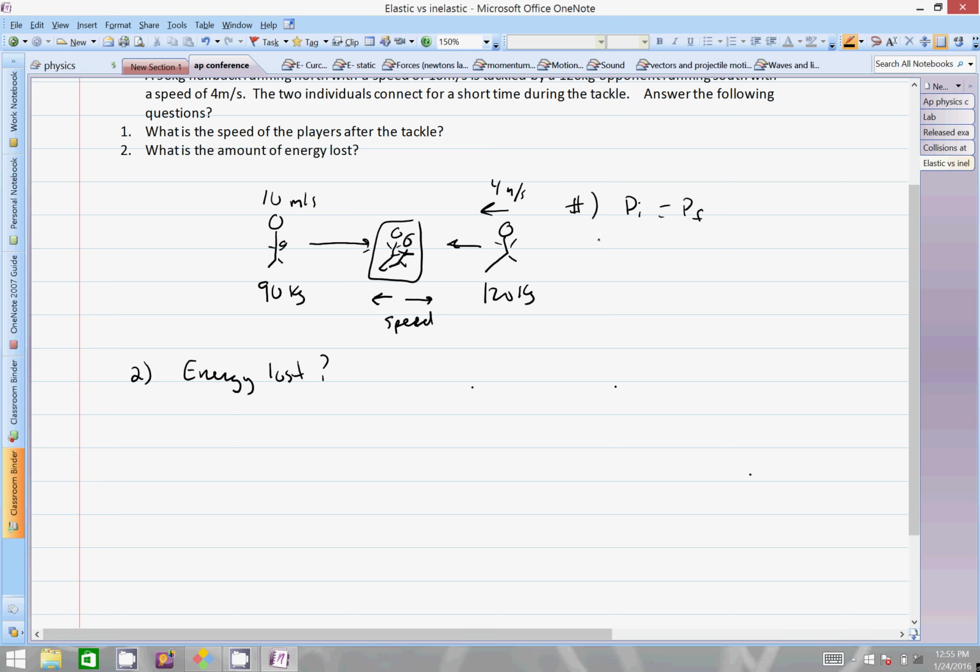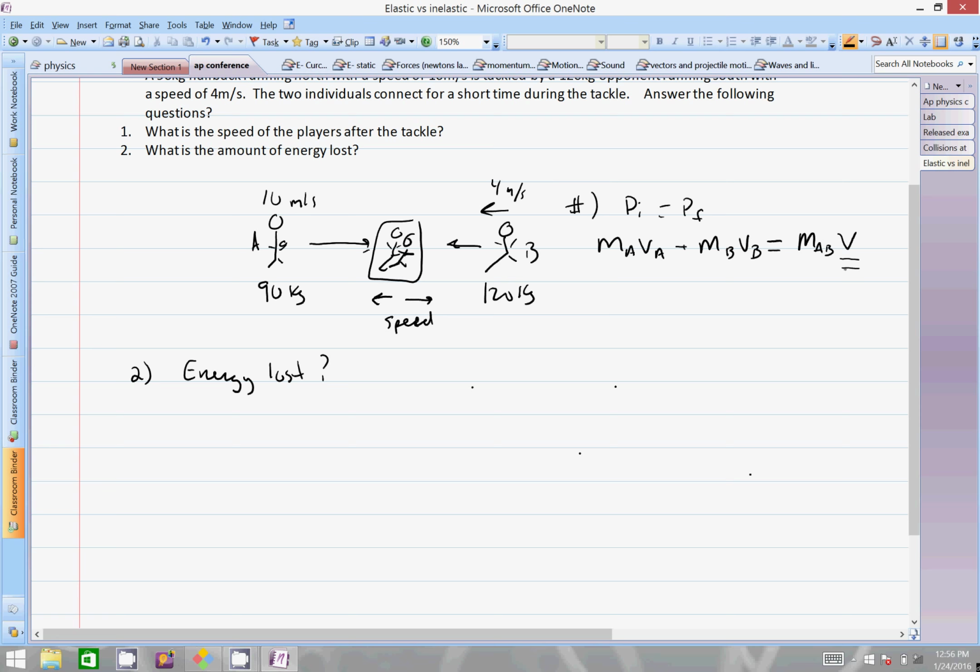Let's call this player A, and let's call this player B. The mass of player A times the velocity of player A, plus the mass of player B times the velocity of player B, equals the mass. Now, because they formed one piece, the masses will combine, and the velocity together will be their true velocity at the end. I am solving for this piece right here.